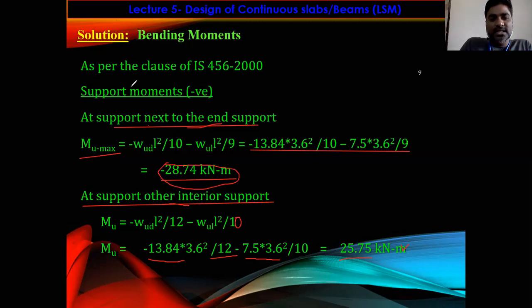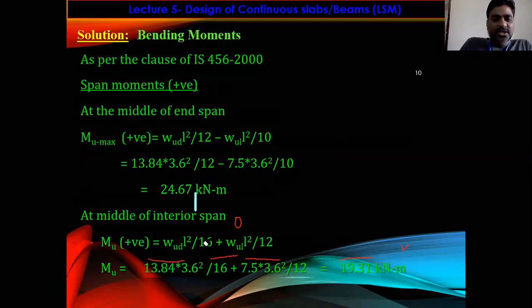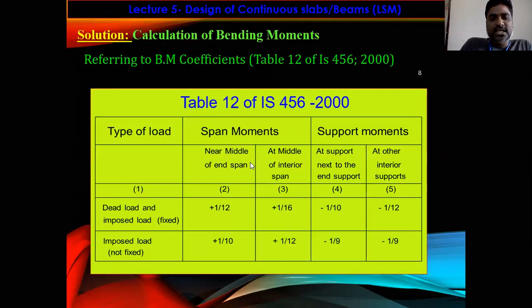Similarly, you need to calculate the span moments also. Coming to the span moments, that is sagging bending moment, again there are two types: near middle of end span and at middle of interior span. Obviously, near the middle of end span you will get the maximum.